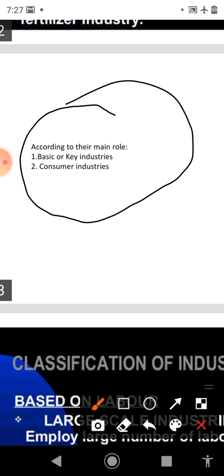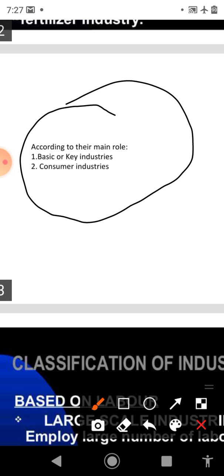With regard to the basic or key industries, these are the industries whose finished products are used as raw material by other industries. You can take the example of iron and steel industry, copper smelting, aluminum smelting. All these industries are examples of the basic or key industries.